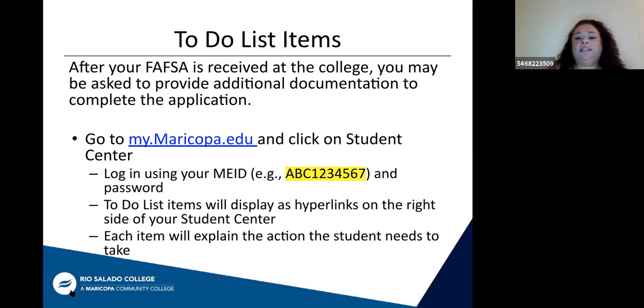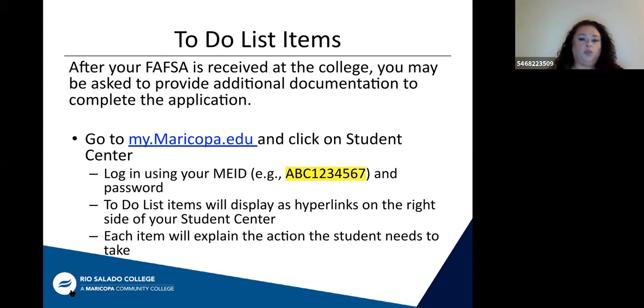So after you complete your FAFSA, depending on what school you go to, you definitely always want to check your student center or student portals, because it's important that you go in there to see when the school gets your FAFSA.